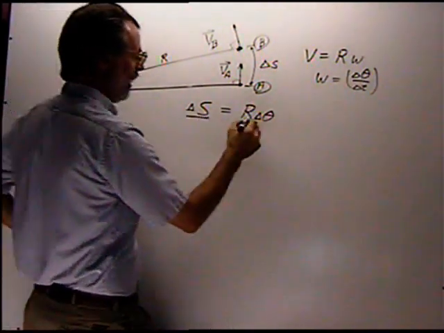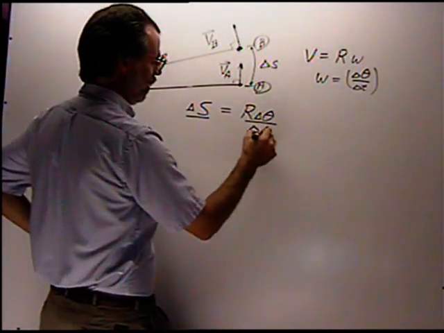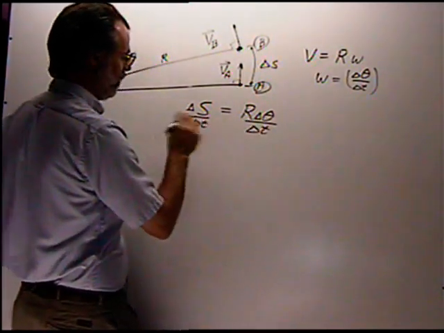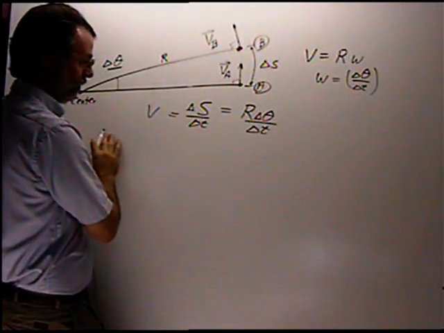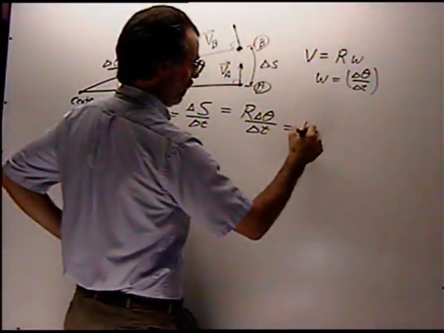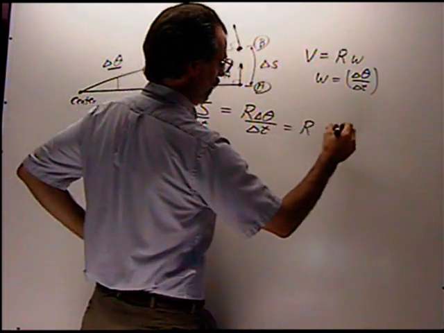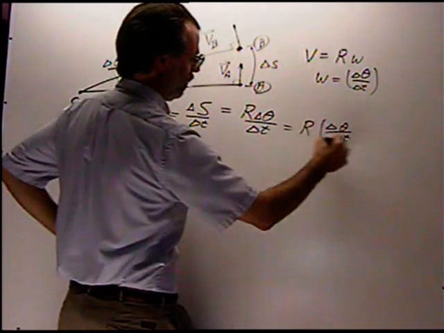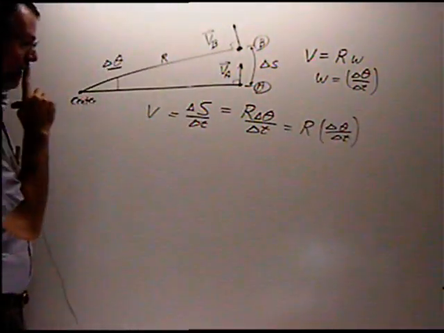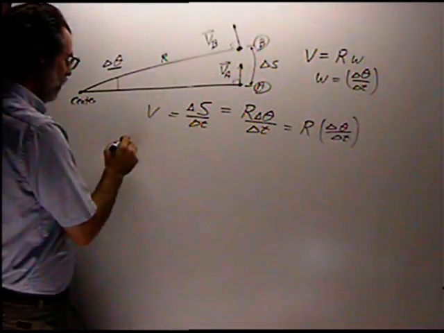Now I'm going to divide both sides again by delta t. So this gives us our tangential velocity, as we know. Tangential velocity is r times delta theta over delta t. Now let's look at acceleration.